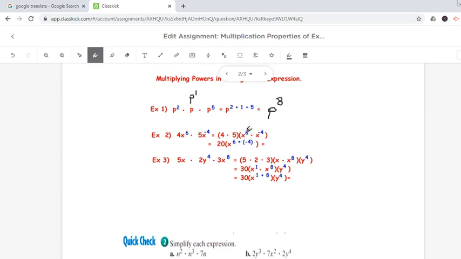And then we add our exponents. So 6 minus 4. So we'll write 20 times x, same base. 6 minus 4, that's 2, so x squared.